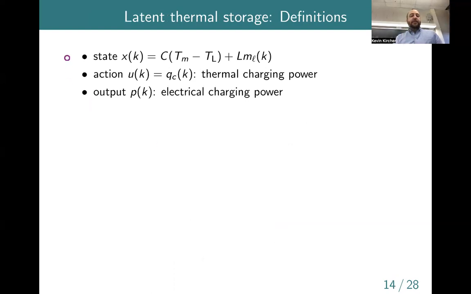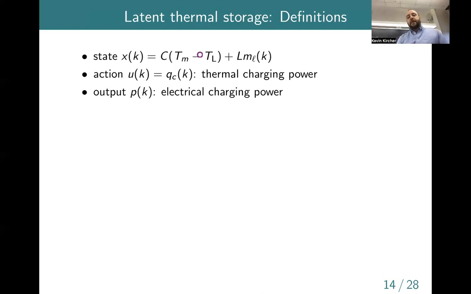And then for the latent thermal storage model, the idea was that we have some phase change material that's undergoing some phase change as we charge or discharge it. Typically it's between liquid and solid phases, but I guess you could do other phases as well. The energy stored in the tank we defined as Tm, the melting point temperature of the material, minus TL, a benchmark temperature at which we define the energy in the tank to be 0.